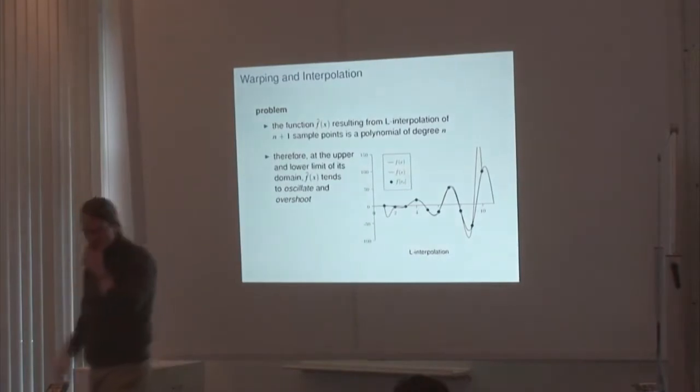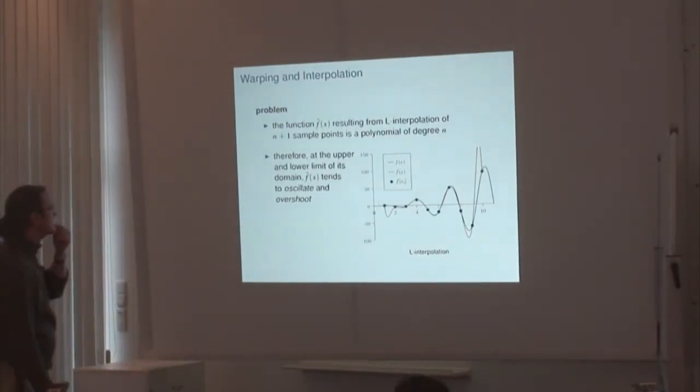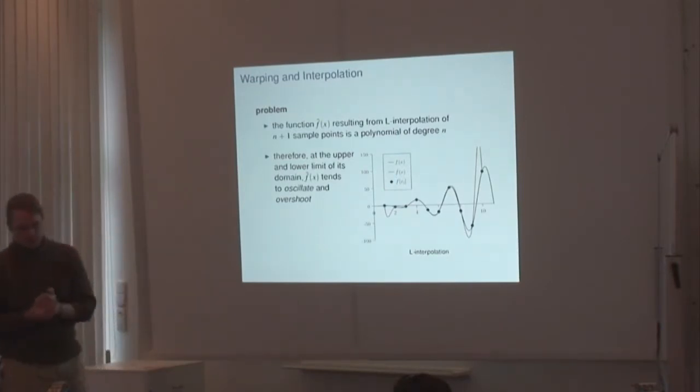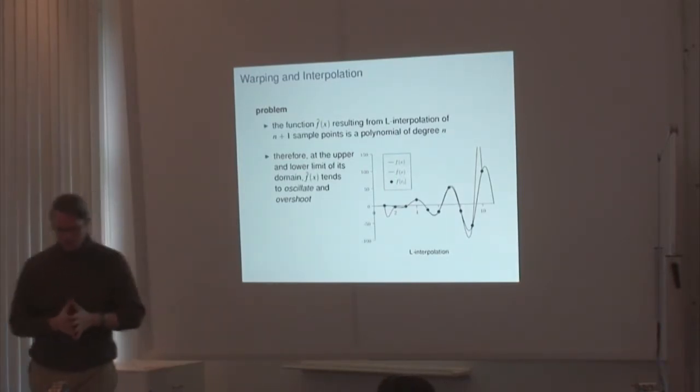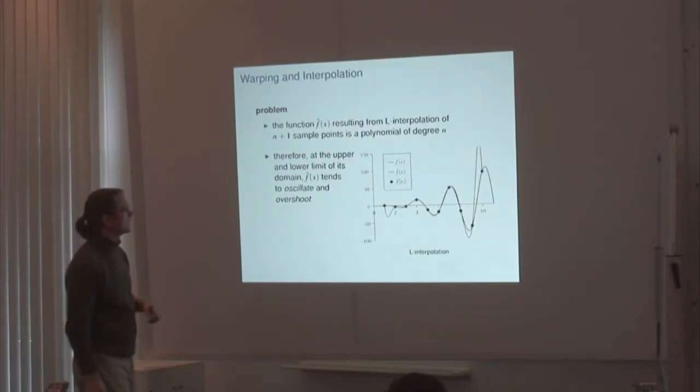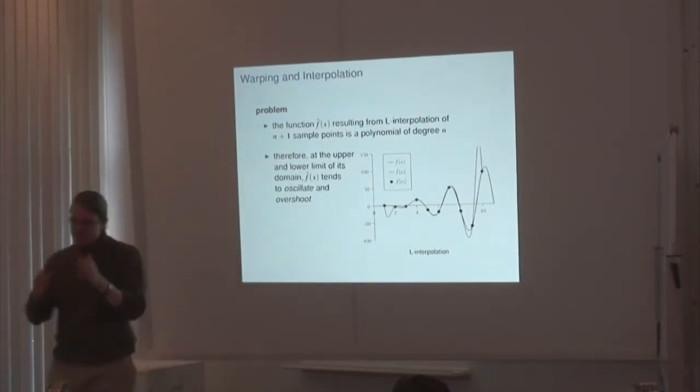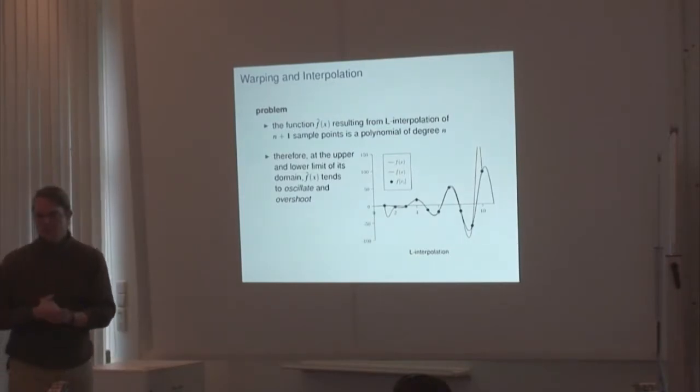The problem with this idea is that if we apply this kind of polynomial interpolation rather naively, and we are given n plus 1 sample points, then the resulting Lagrange polynomial will be a polynomial of order n.